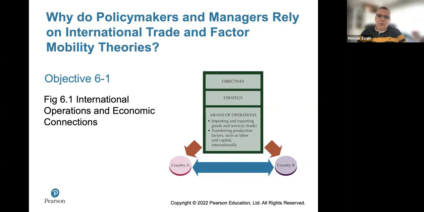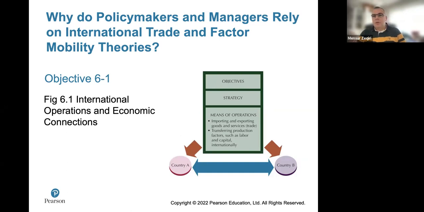And it is through these two means of operations, either importing and exporting goods and services, which is done through trade, or this cooperation can be done through transferring production factors like labor and capital internationally. So this shows how the two countries are connected economically. And usually countries that are close to each other are more connected economically.